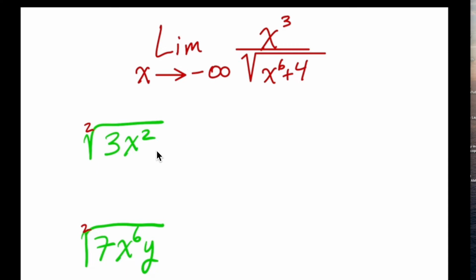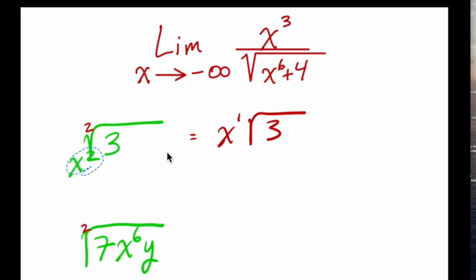So we would be able to pull out an x to the first power, and the 3 would remain. This would be incorrect as written, and here is why. Because we started with an even root, and when we came out, we ended up with an odd exponent, which is x to the first. We have to designate this as the absolute value of x, like so.